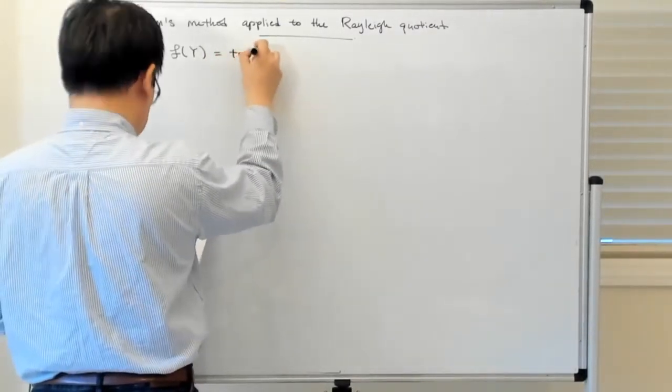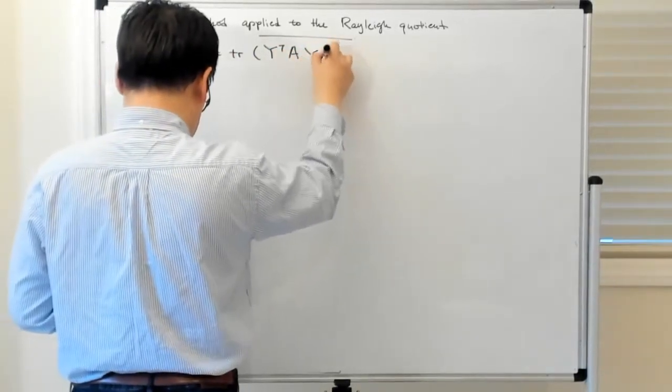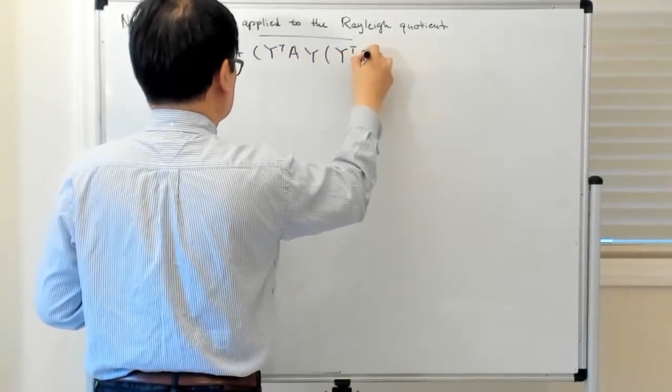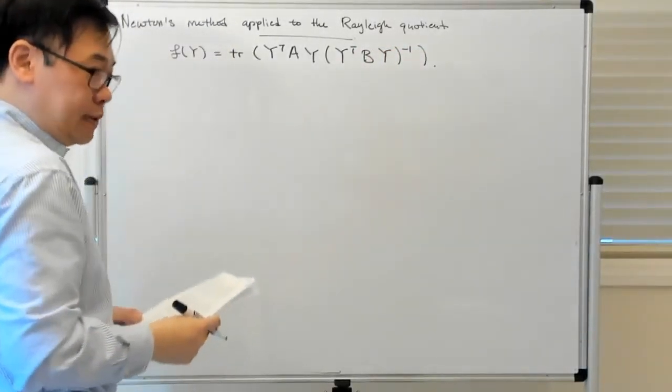And this involves this trace of (Y transpose A Y)(Y transpose B Y) inverse. This is for the matrix pencil case.